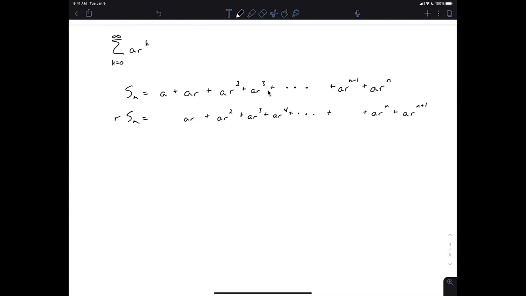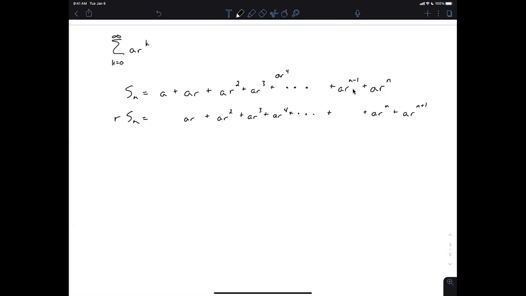Okay, now, a lot of this lines up, but some of it does not. Does this A line up with an A that I just don't have written down there? So should there be an A here? No. Is there an AR to the fourth up here? Yes. There is AR to the fourth.